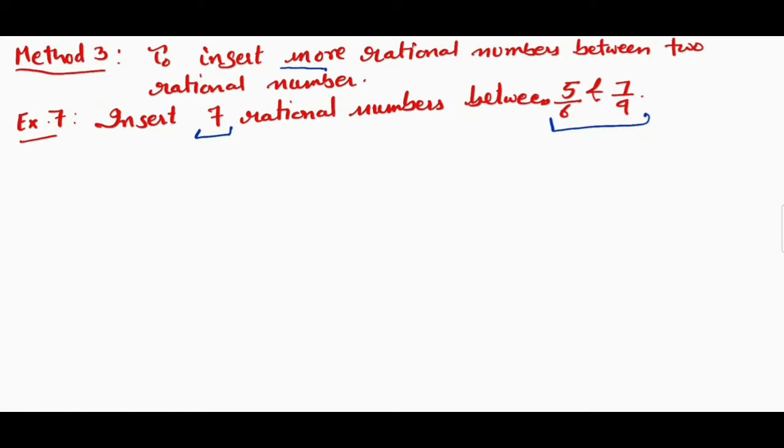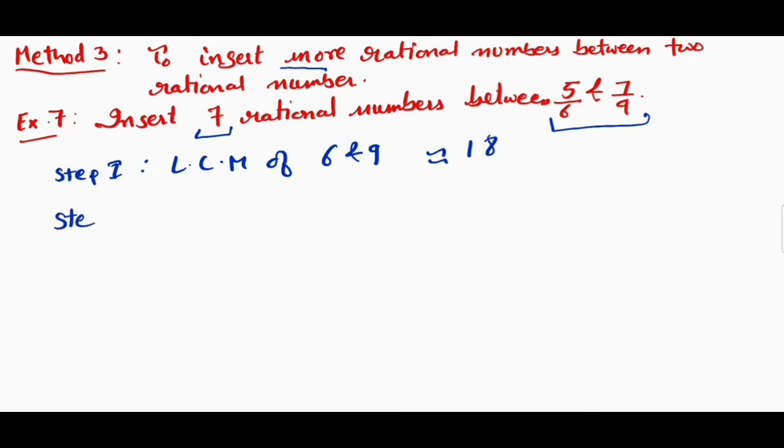So first we will make these two rational numbers like fractions. For that, the first step is to take the LCM of the denominators, meaning 6 and 9, which is equal to 18. Correct?